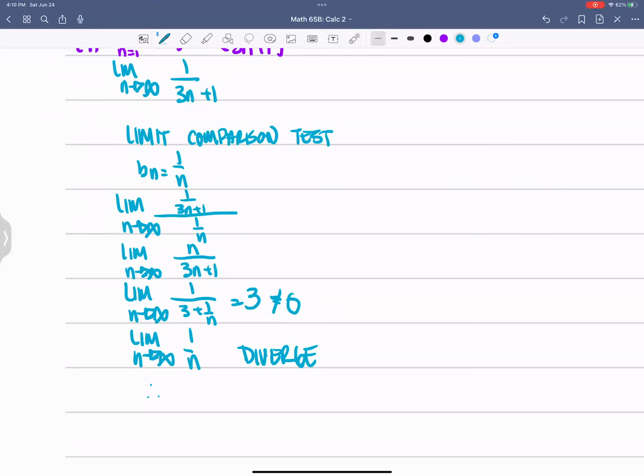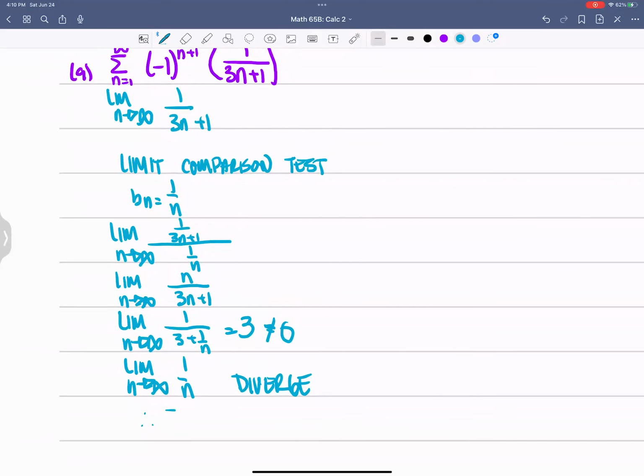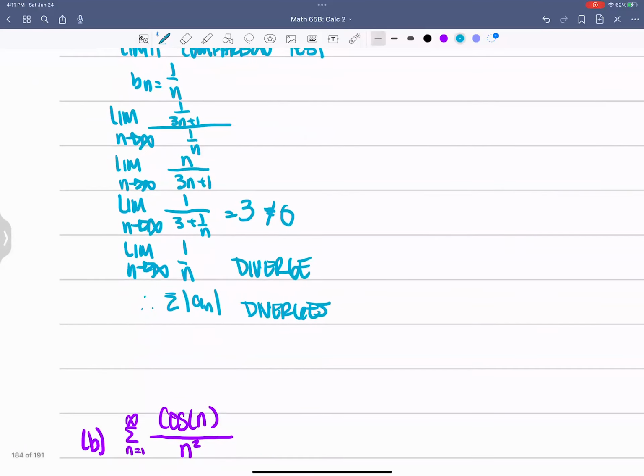Therefore, the sum of the absolute value of a sub n diverges. Because it diverges, we still could possibly have a conditional convergence. So let's take a look at the other one.